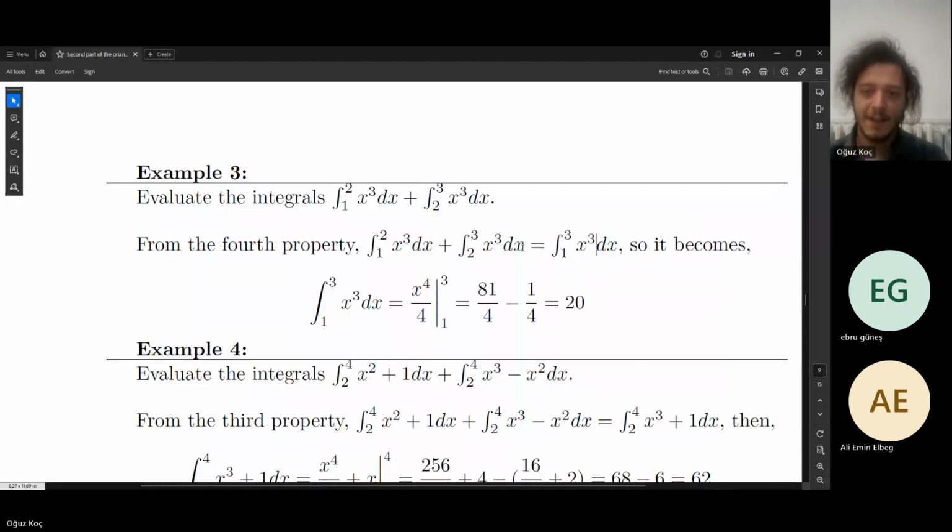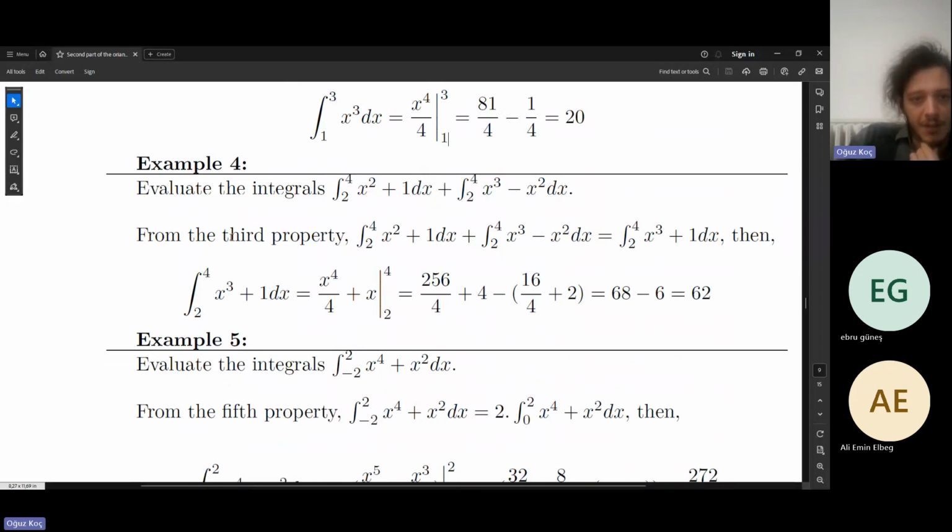By calculating just this one integral, we can get rid of calculating two integrals here. When we calculate the integral of the third power of x, as we know, it is the fourth power of x over 4, with boundary points 3 and 1, and it becomes 3 to the fourth over 4 minus 1 over 4, which is actually equal to 20.